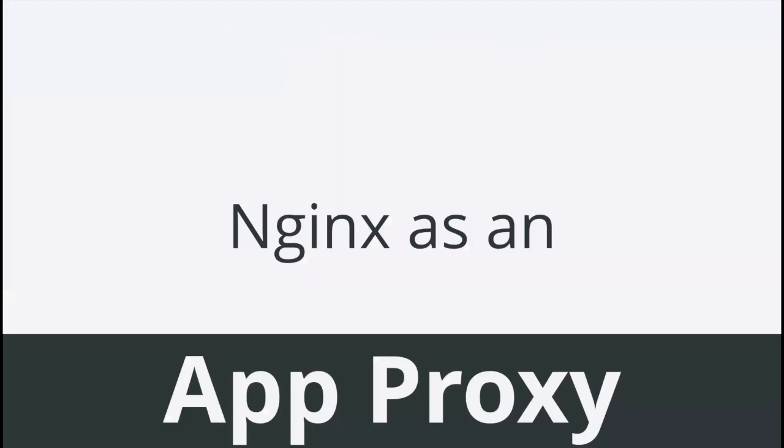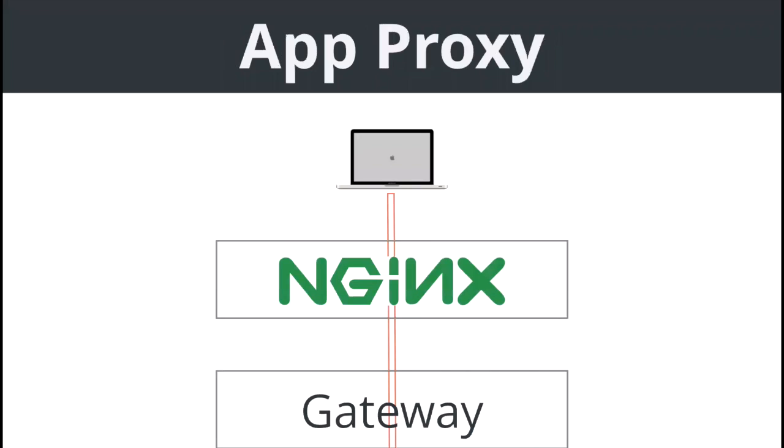So let's go on to something a little more interesting and talk about using Nginx as an application proxy. When I say a proxy, I just mean that Nginx can take a web request and proxy it, send it to something else, to your application.